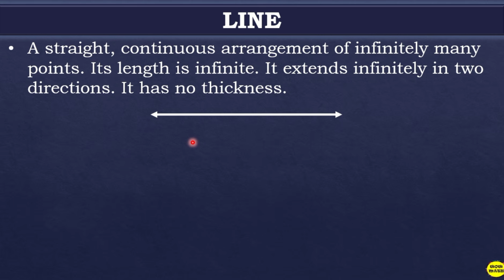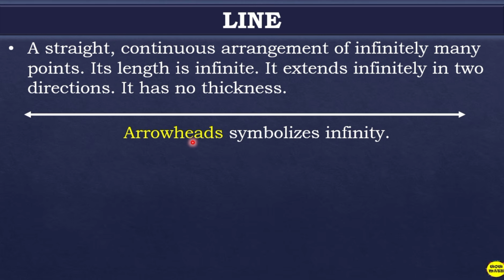Okay. Now, paano ba natin malalaman na infinite siya o nag-e-extend ang line natin? Okay? So, arrowhead symbolizes infinity. Ito po siya. Okay? So, kapag nakakita po tayo ng arrow, that means infinite po yun.